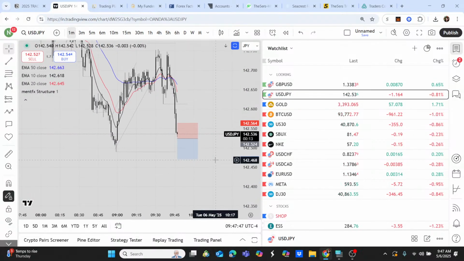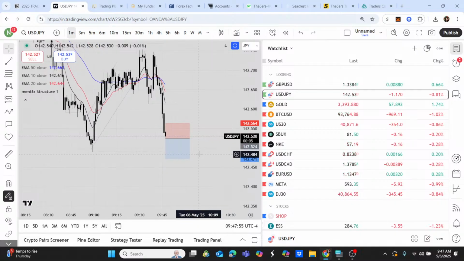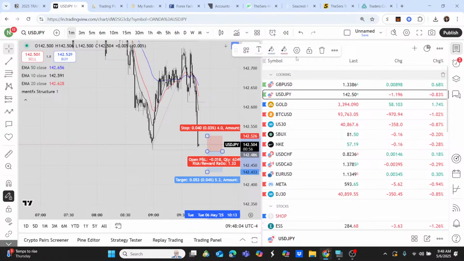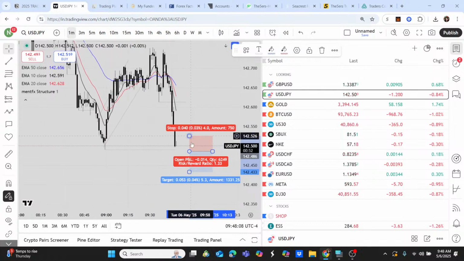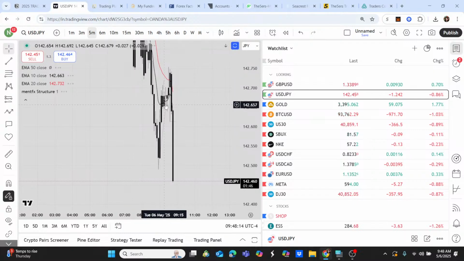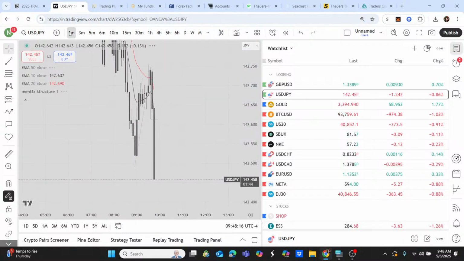Interesting. Yeah, it looks like this is a little bit too far. I need a decent correction. Yeah, it is what it is. Price moved without me, but I experience that a lot.